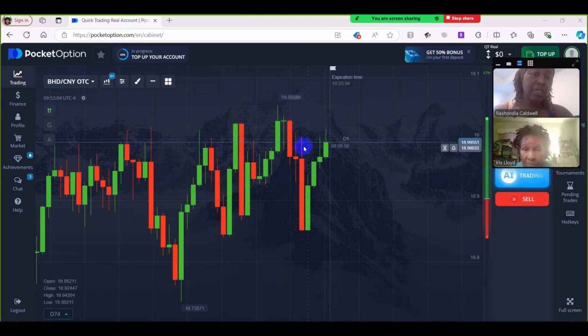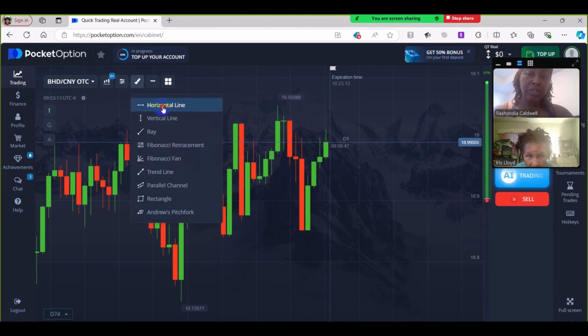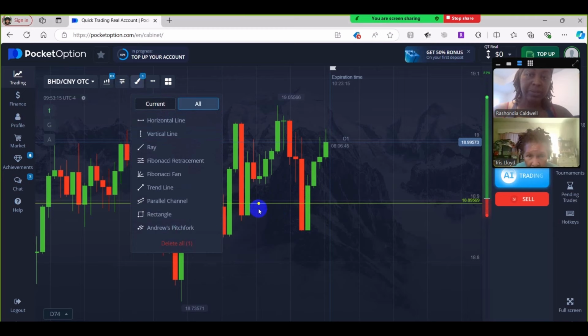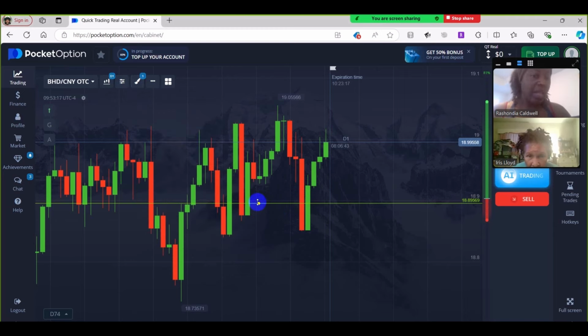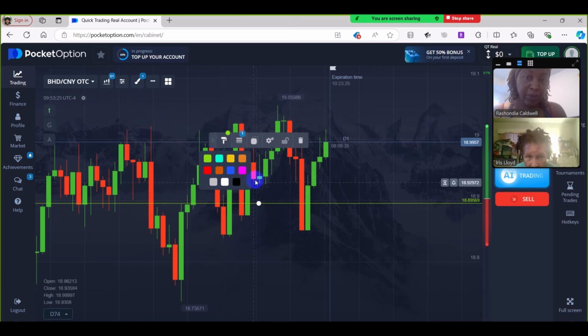This candle wicked out, this candle wicked out, this candle. So what you can do is get your horizontal line. And what I like about when you on your live account is you can actually click on it and you can color it from here. And then this is the width.